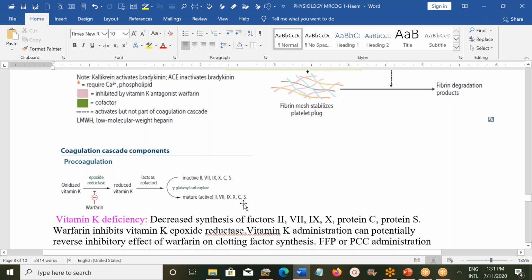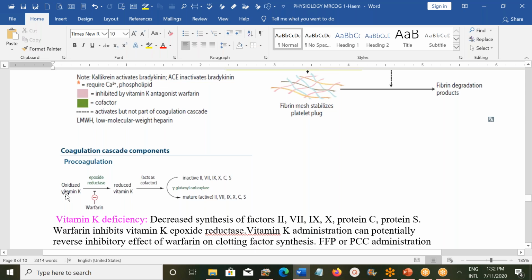You should remember that the clotting factors present in the plasma are present in the inactive form. Then by the action of certain enzymes, like the vitamin K dependent enzymes, they change into the mature or active blood clotting factors. So if a patient has a high tendency to form blood clots, we are going to stop this action.